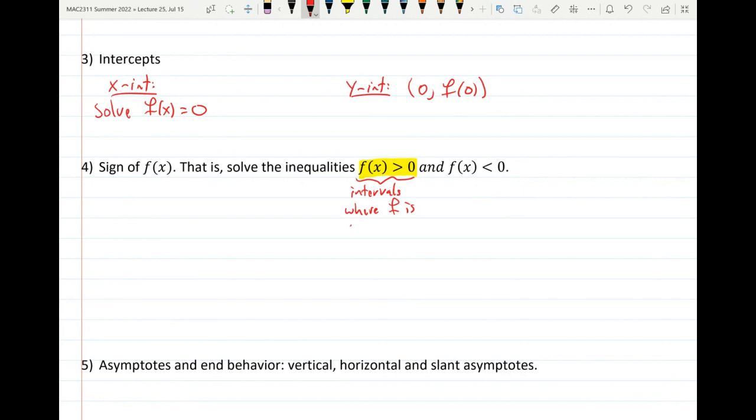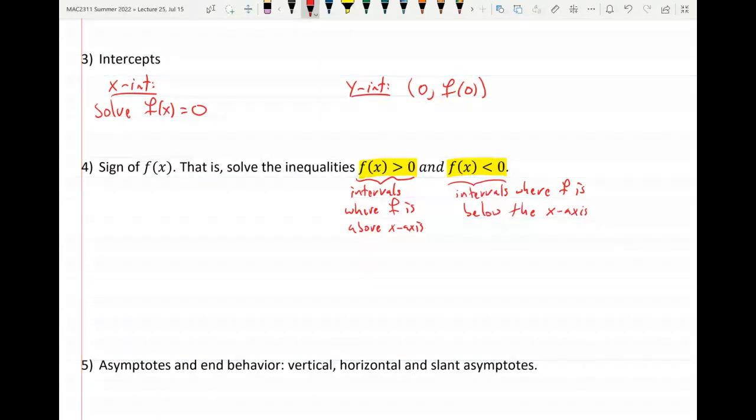And similarly, when f of x is less than 0, what you're getting is the intervals where f is below the x-axis. And this is very helpful information, very good to know when you're going to graph. And when you get to step 4, you already have everything you need to actually do this.